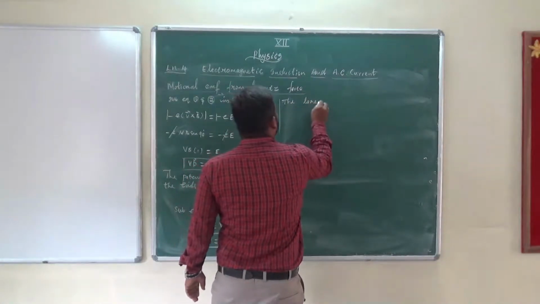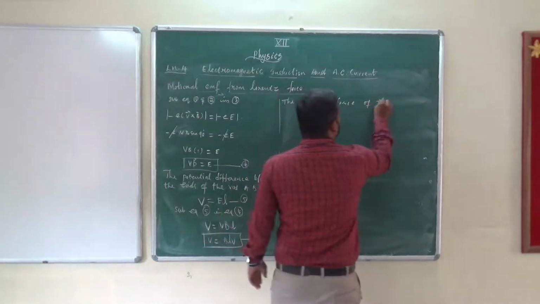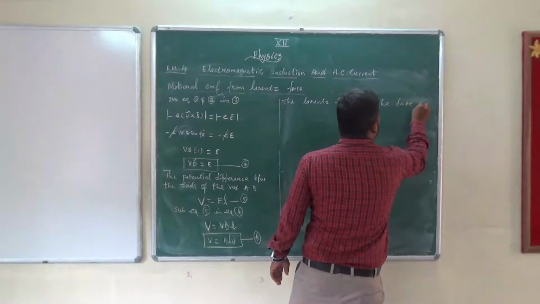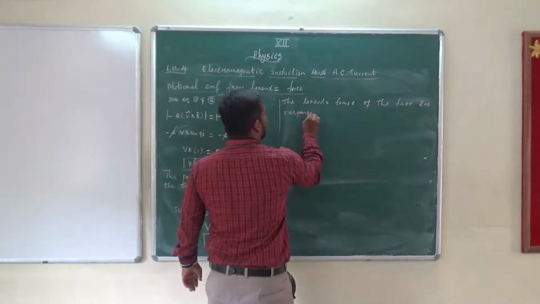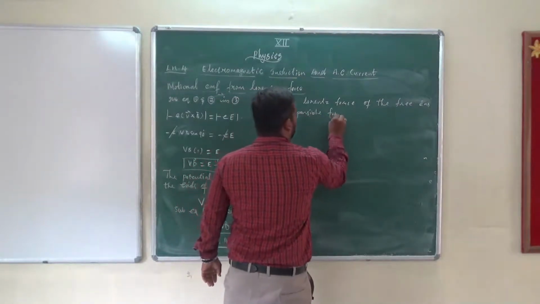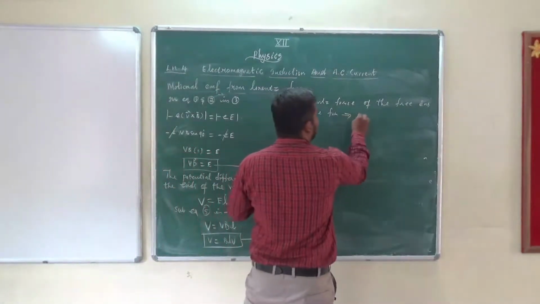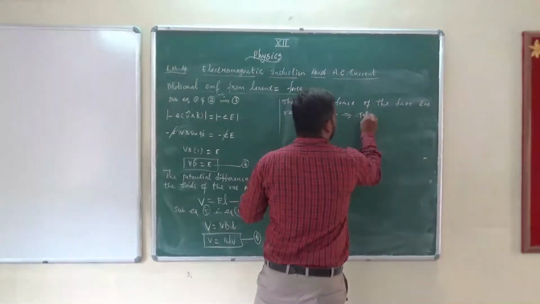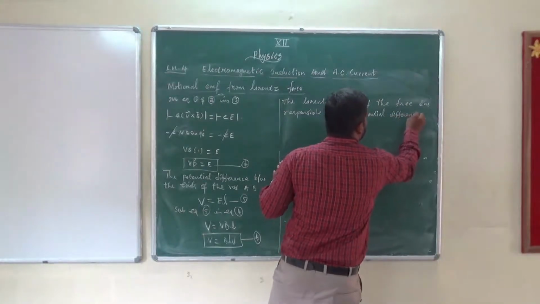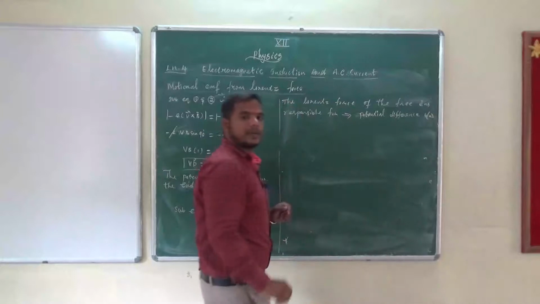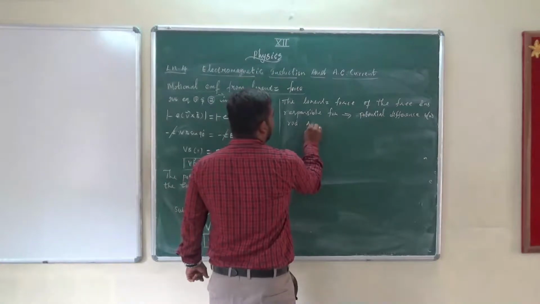The Lorentz force of the free electrons is responsible for what? It means they maintain the potential difference between the rod AB, isn't it?